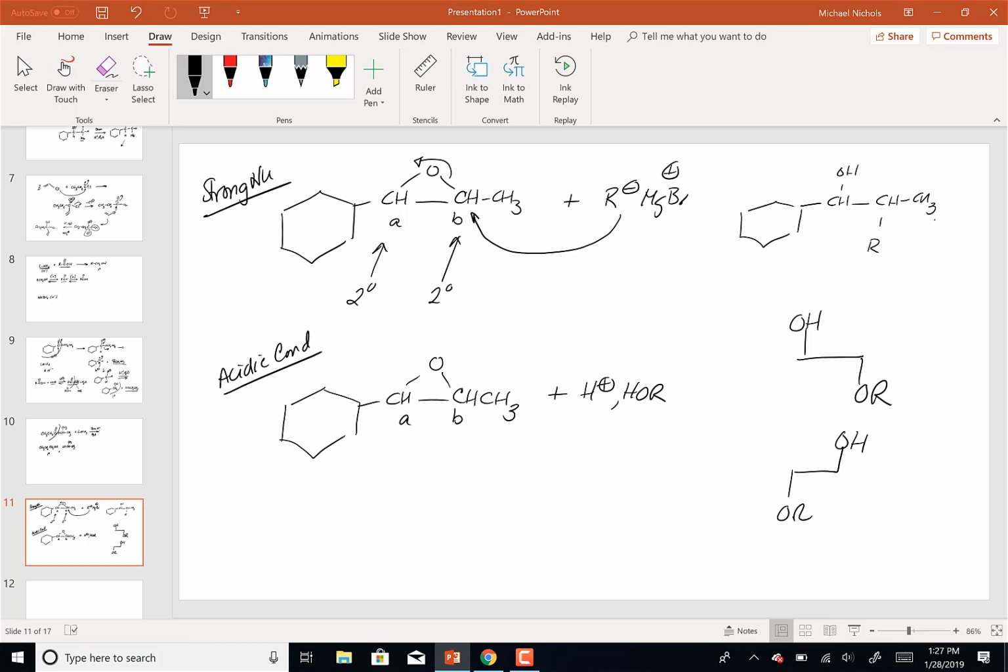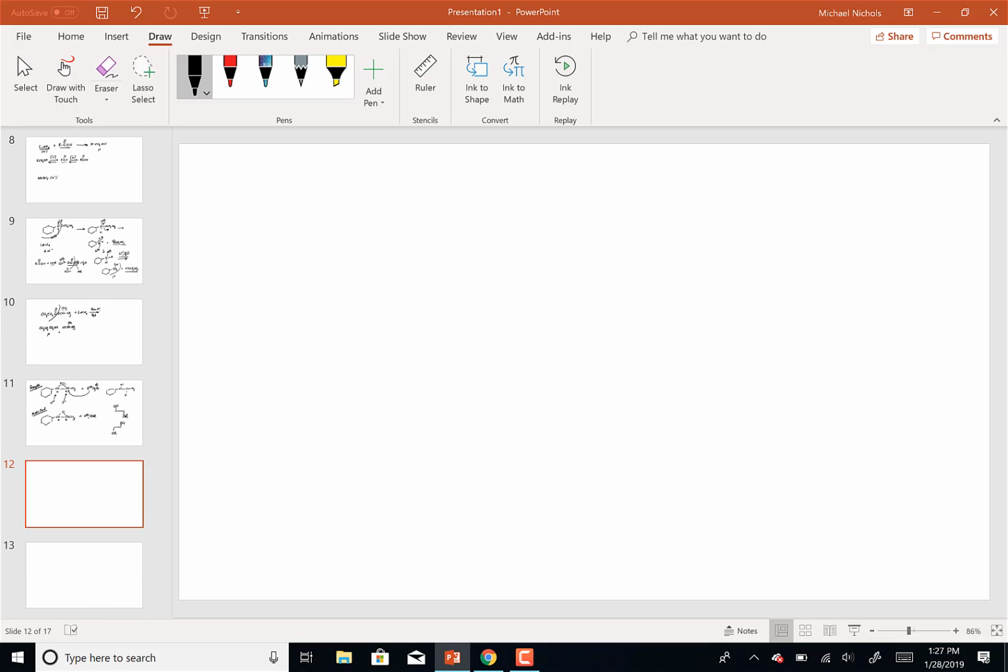Okay, so we need to talk about the bottom reaction. Let me make it a little clearer. Let me put two methyl groups here. I'm going to add H plus to this epoxide. What should I do? What's the first step going to be?